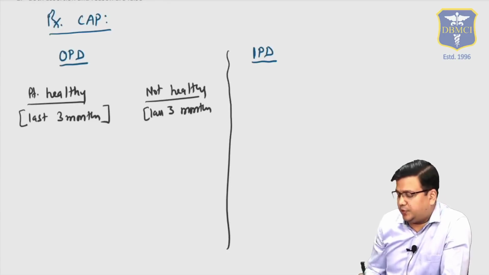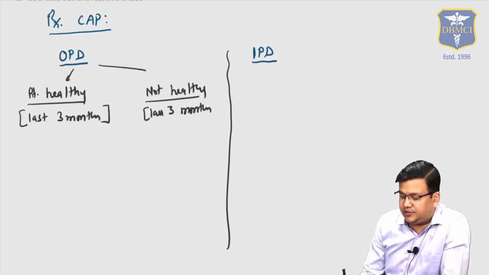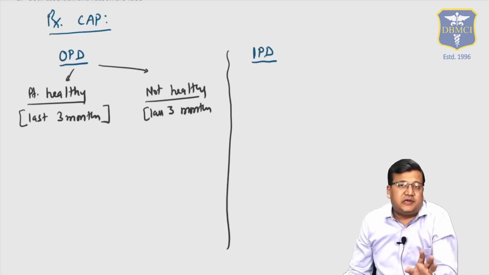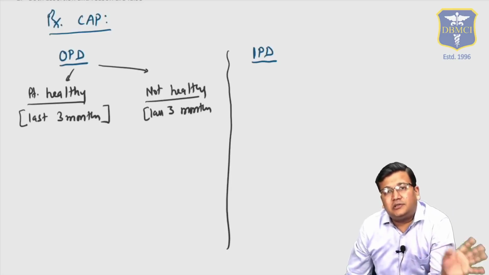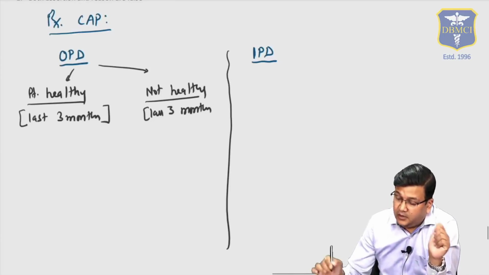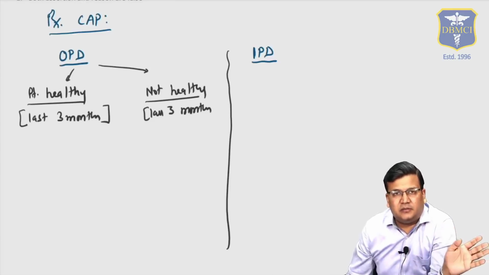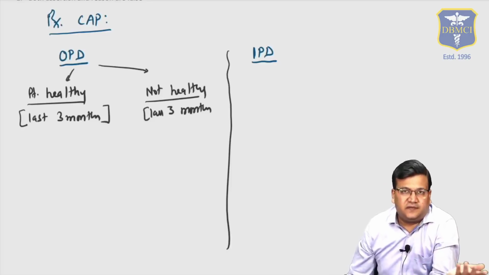So two situations will arise within the outpatient treatment, whether the patient has taken antibiotics in the last 3 months or not. If he has not taken antibiotics in the last 3 months, then we say he is healthy as far as the infections are concerned.